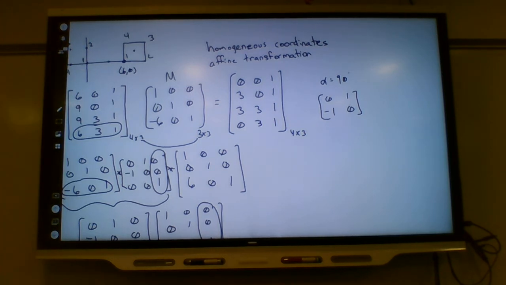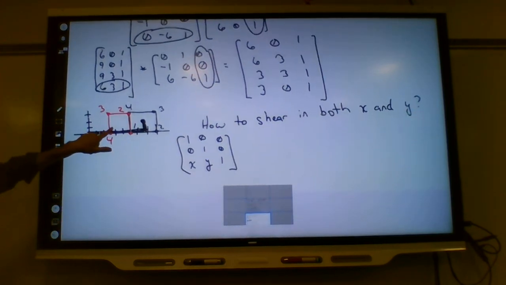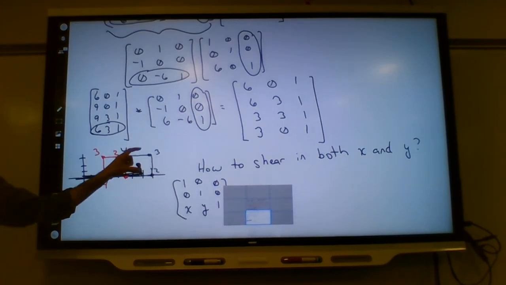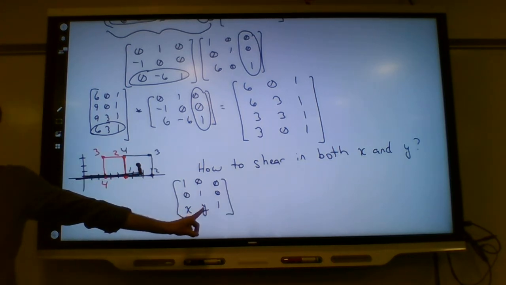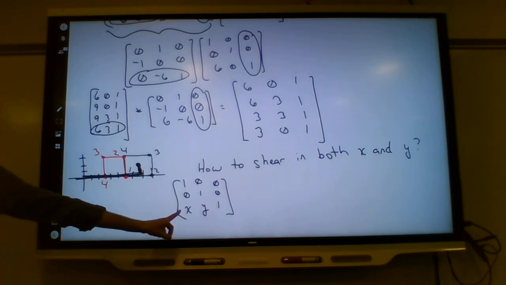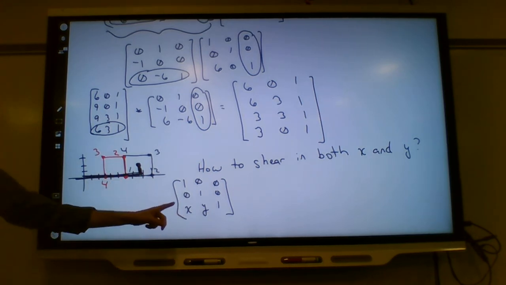And so that would be like 1. Yeah, because this is 3 units high. So that would be 1.5. It would be negative 1.5 here for that particular situation. And what for the other?